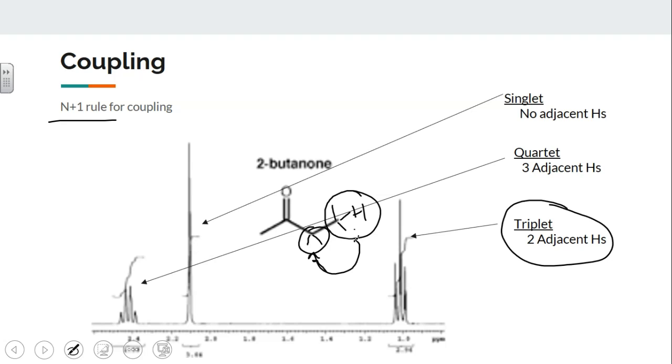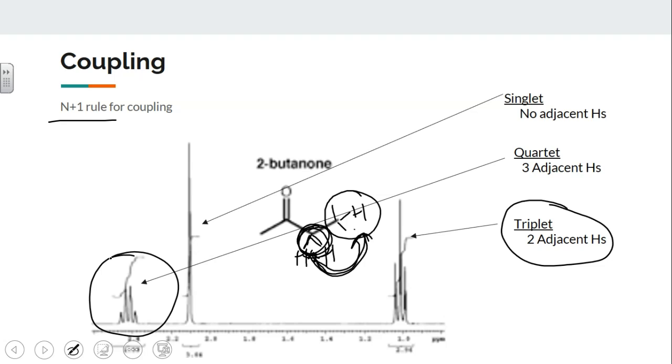Now this methylene group, this CH2 here, is also impacted by the environment of the carbons next to it. This secondary carbon with 2 hydrogens will be impacted by the methyl group, and you'll see it over here as a quartet.